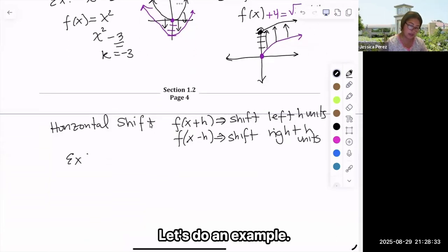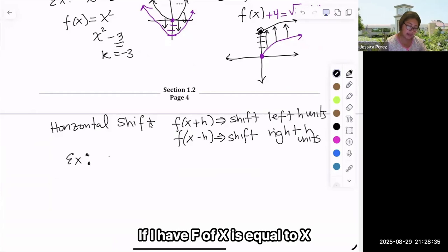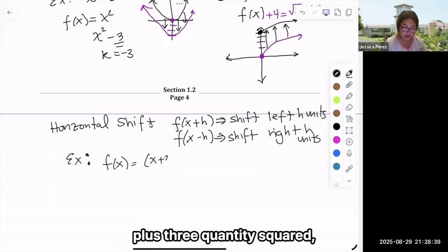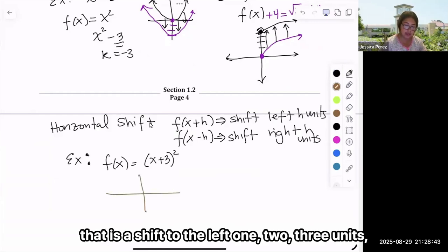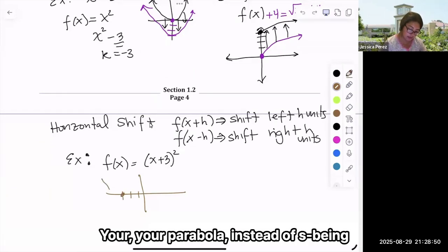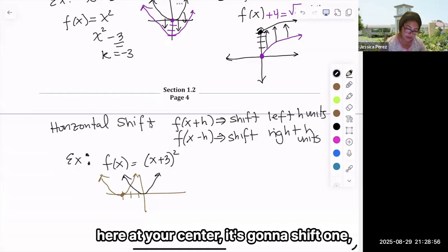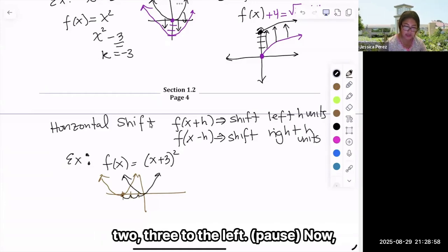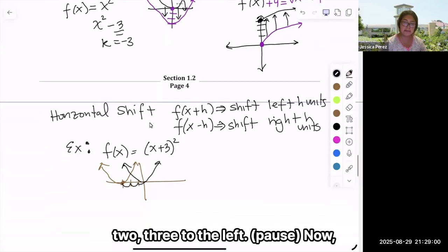Let's do an example. If I have f of x is equal to x plus 3 quantity squared, that is a shift to the left 3 units, and you're going to shift it horizontally. Your parabola, instead of being here at your center, is going to shift 1, 2, 3 to the left.